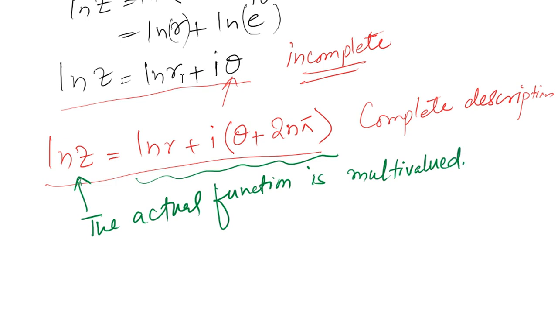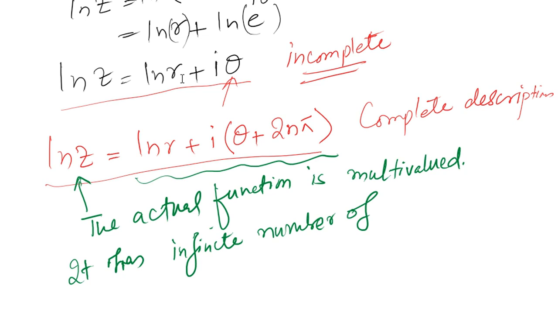For each theta, it has an infinite number of values for each pair of r, theta values.